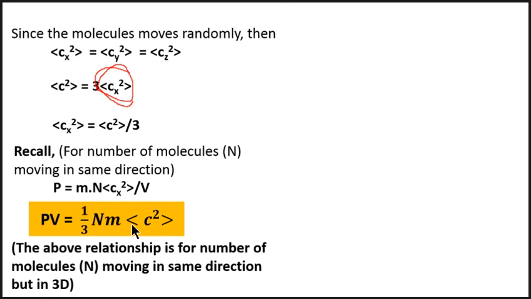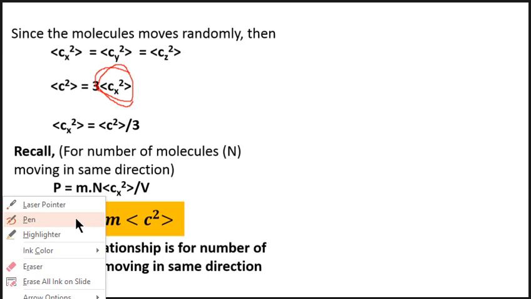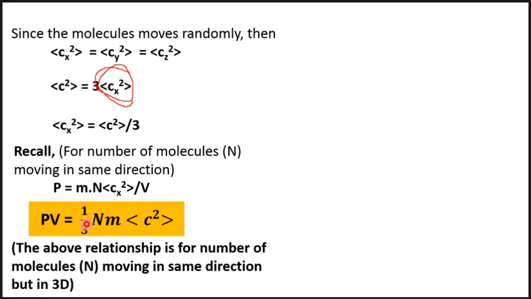So this formula is only applicable for number of molecules moving in the same direction and also in 3 dimensions. But if it is number of molecules just in one direction, then we'll be talking of this other formula, which we have derived earlier before now.